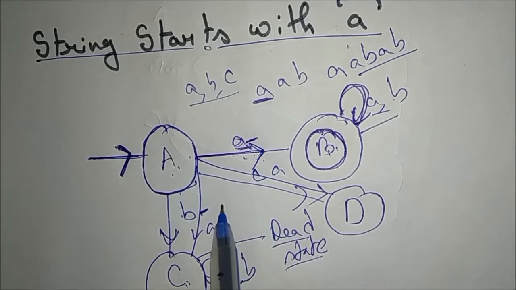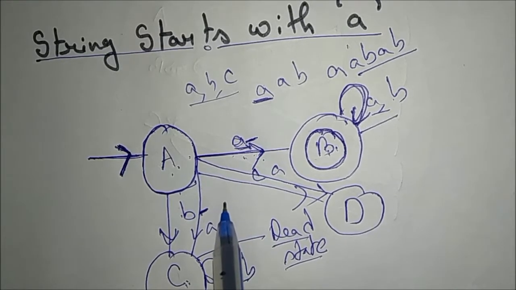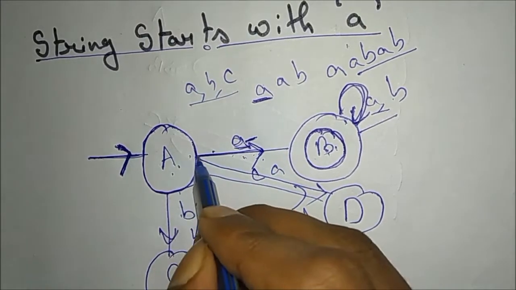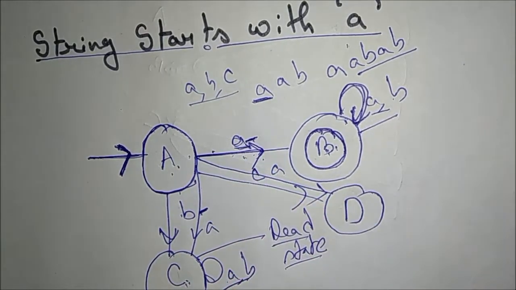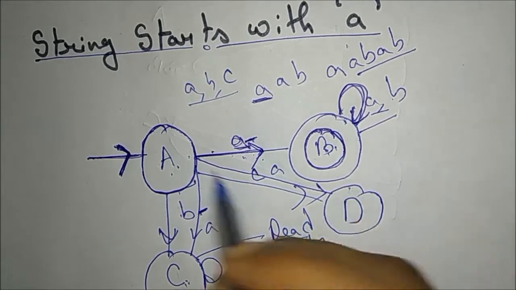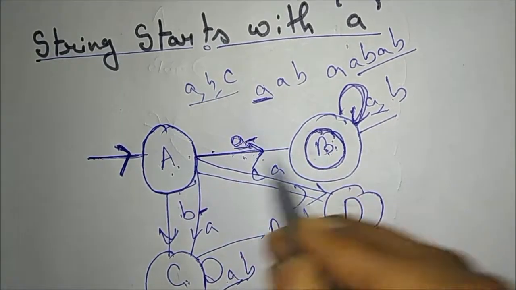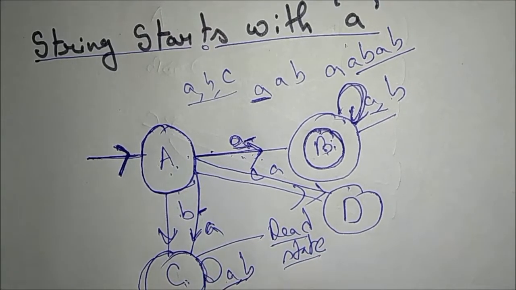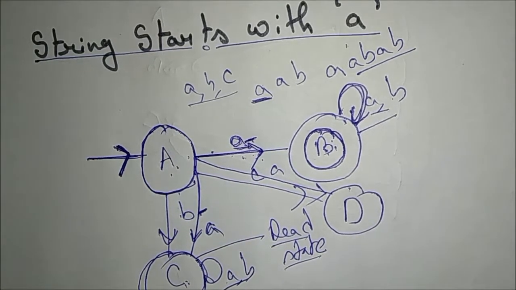In determinism, one input will go to one state only. I repeat, in a deterministic machine, one input goes to one state only. But in a non-deterministic machine, one input may go to different states. For example, if A is going to B, it can also go to C. That is the important difference between non-deterministic and deterministic machines.